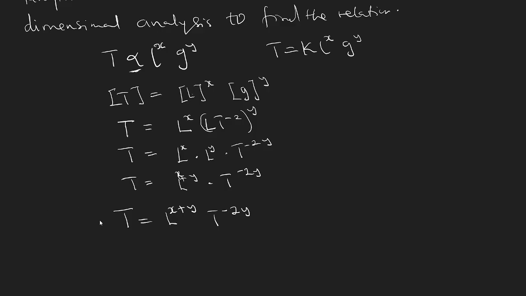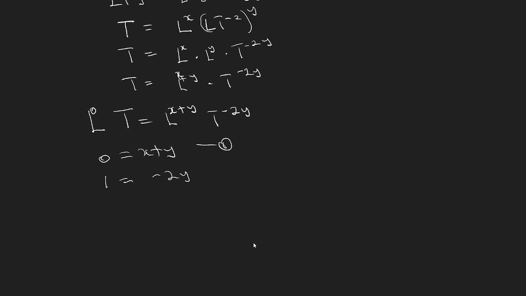Comparing exponents from both sides of the equal sign, we have L exponent 0, which is the same as 1, so there's no need writing that. When I compare the L side, I get 0 equals x plus y. Then for T, I have 1 equals negative 2y. From here, I can easily get the value of y.